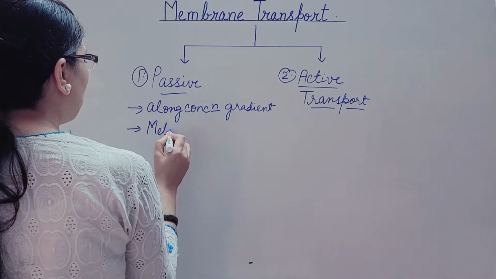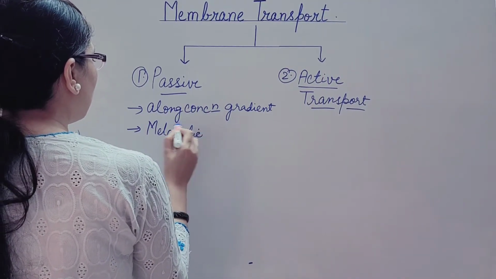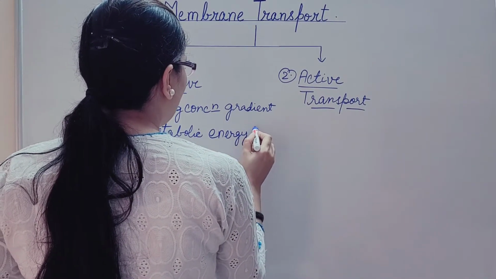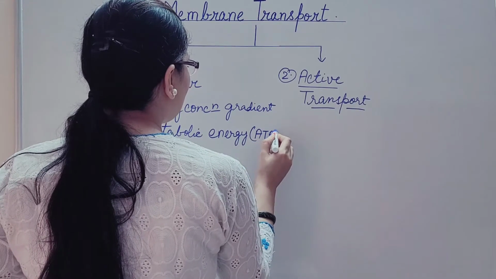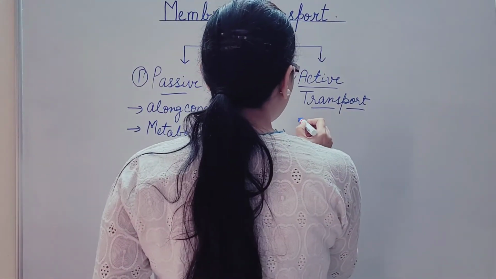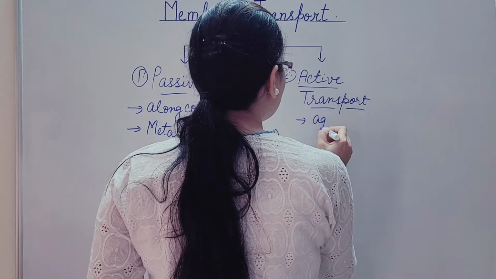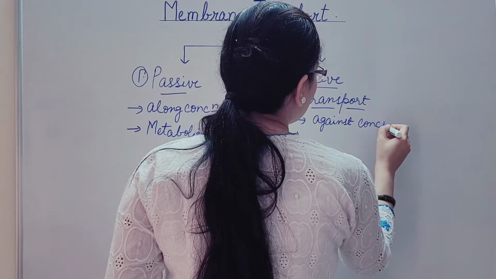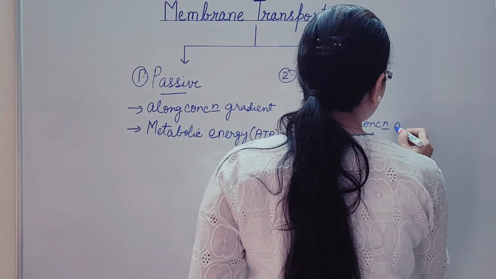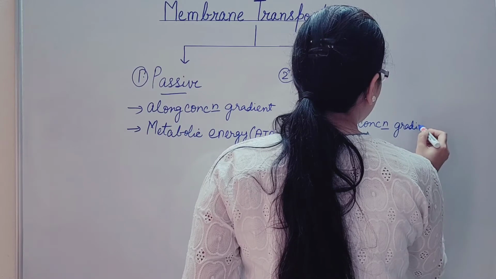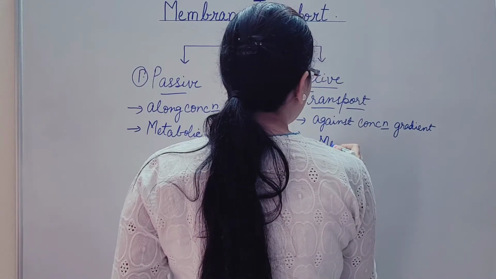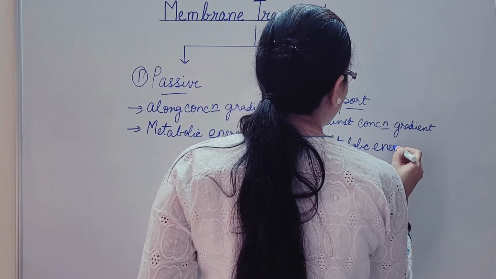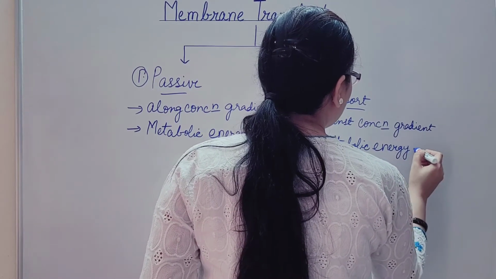So in passive transport, metabolic energy, or we can say ATP, is not required. In the case of active transport, it occurs against the concentration gradient. So here metabolic energy is required.